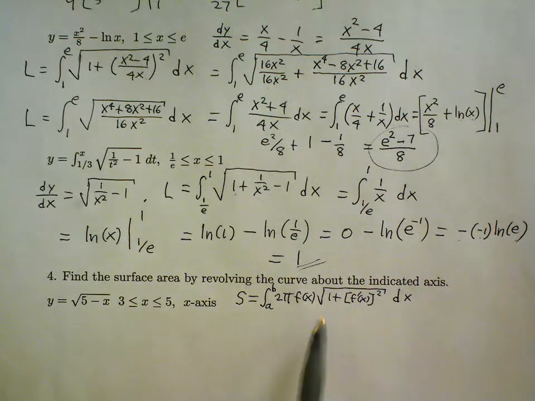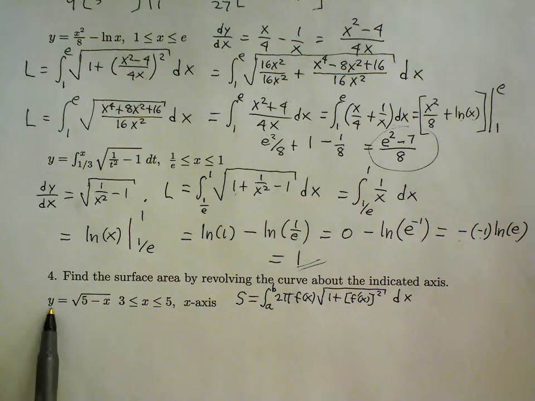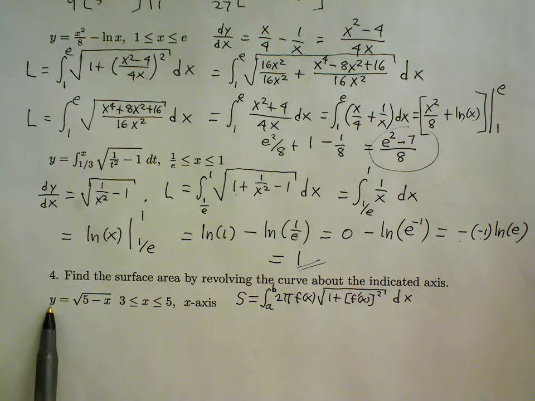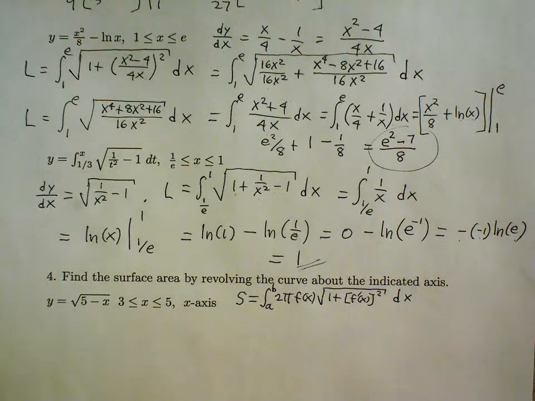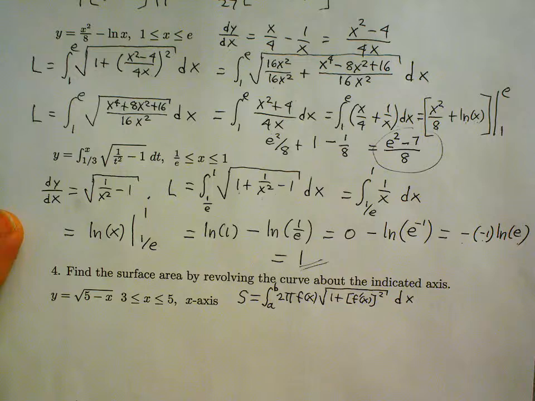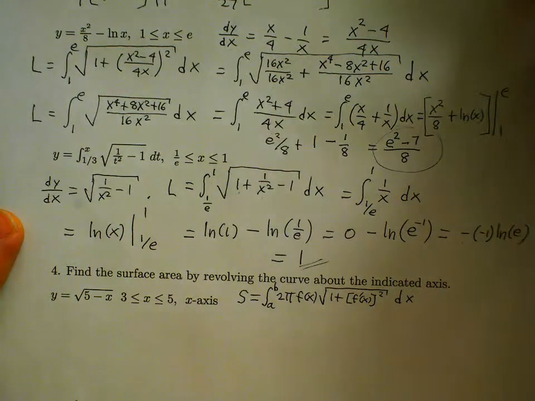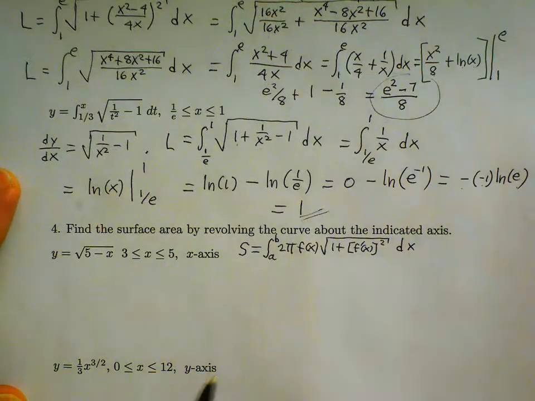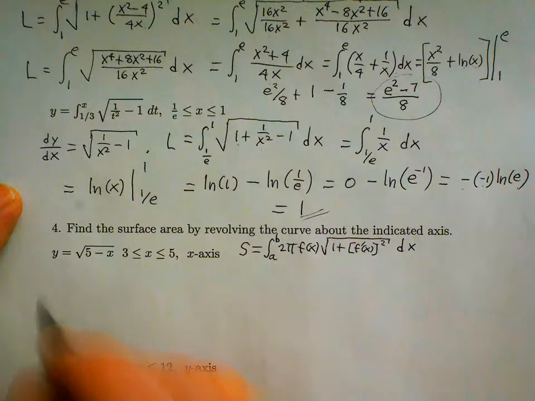Okay, so our f of x, instead of f of x, we're writing it as y equals the square root of 5 minus x. I didn't leave a lot of room, but we need to find the derivative.